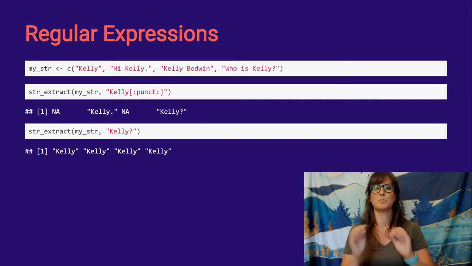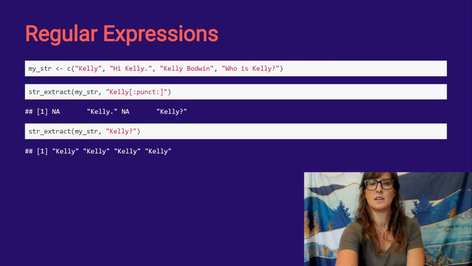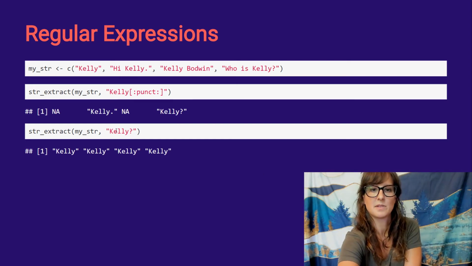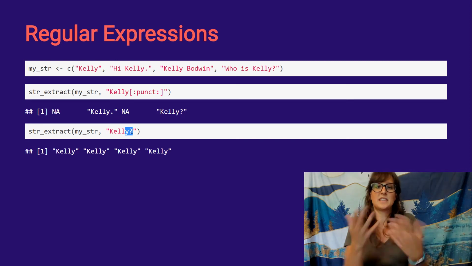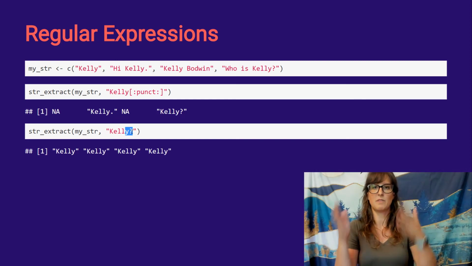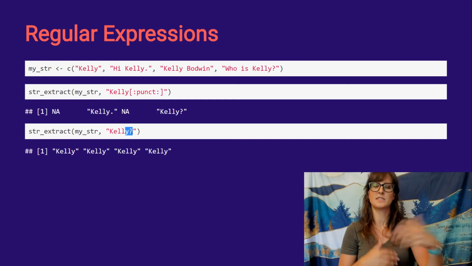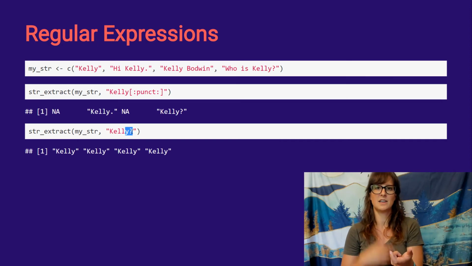It means give me the character preceding 0 or 1 times. So what we've really asked for here is we've said give me K-E-L-L and then optionally a Y. And so now it's giving me back Kelly, Kelly, Kelly. We find it in each of these strings because all of those contain K-E-L-L and 0 or 1 Ys.